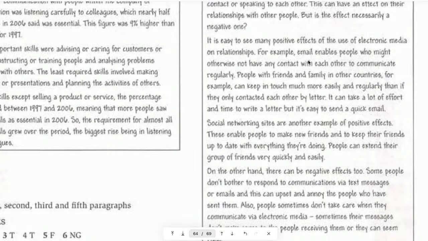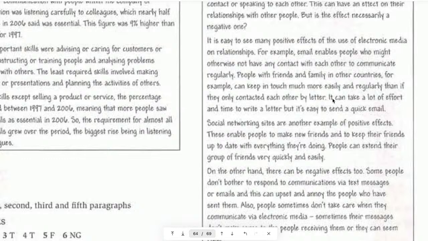For example, number one, email enables people who might otherwise not have any contact with each other to communicate regularly. That's the first point. Next, people with friends and family in other countries can keep in touch much more easily and regularly than if they only contacted each other by letter. That is two.